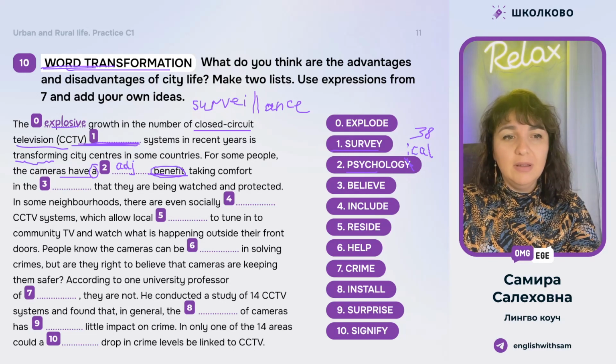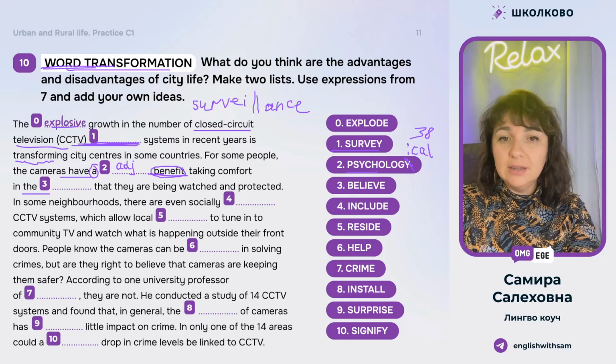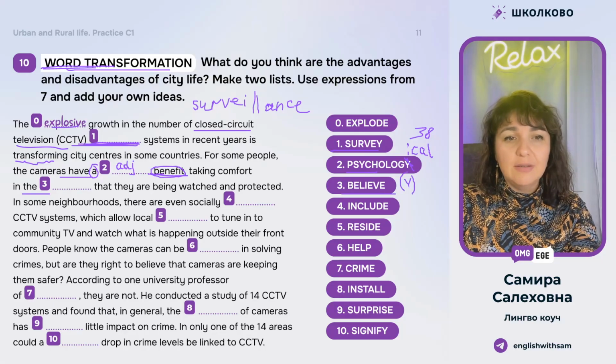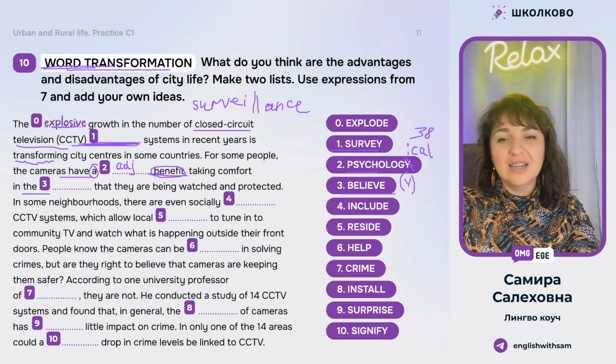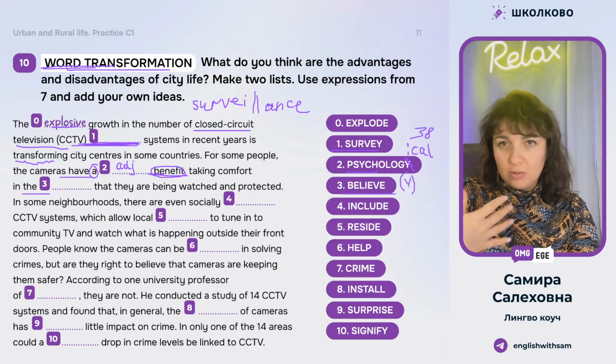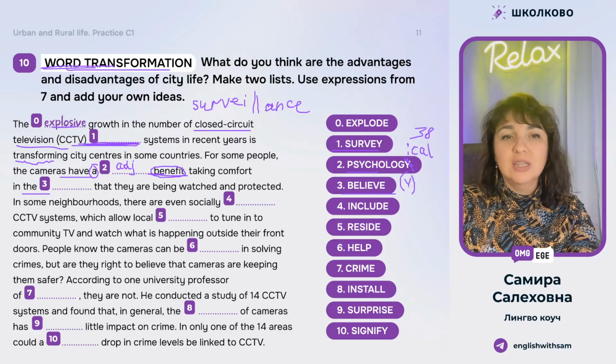Okay, so for some people, the cameras have a psychological benefit, taking comfort in the belief, it's a verb here, that they are being watched and protected. Такой психологический плюс, эффект какого-то спокойствия, что за ними наблюдают.